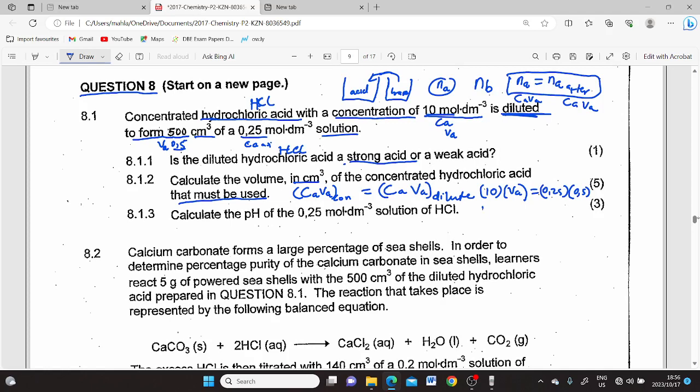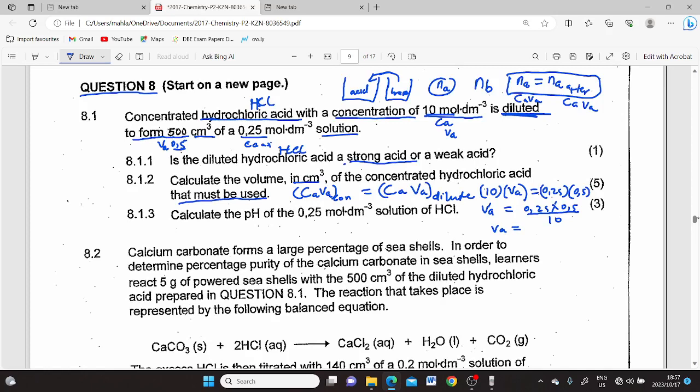Now the volume of the concentrated acid equals 0.25 multiplied by 0.5 over 10.